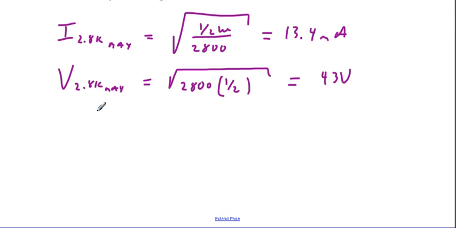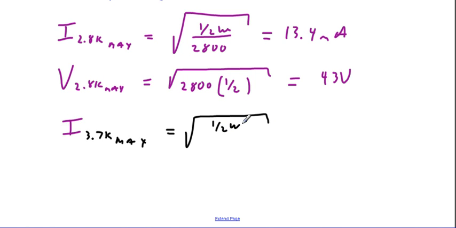And then we go and look at the current through the 3.7K resistor max, square root of 1/2 watt divided by 3700 ohms, and we'd end up with 11.6 milliamps. And then the voltage doesn't look much like a voltage, does it?